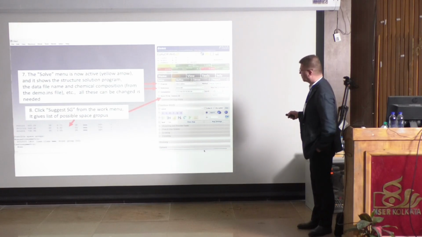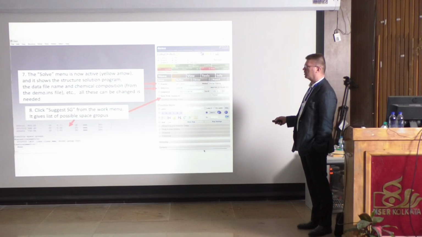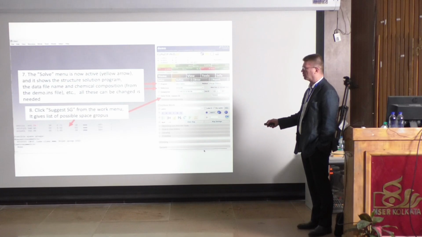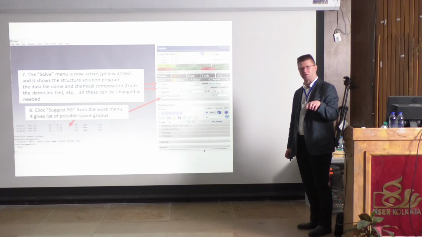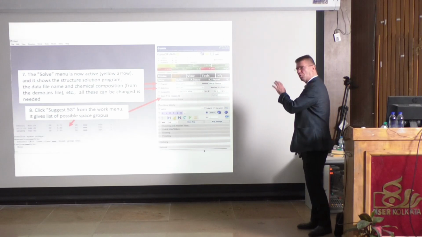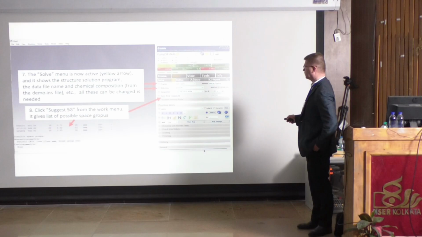There is a very nice button here, suggest space group. So we click this, and it gives a listing of possible space groups. And you can see here it says P212121, which was, by the way, the same as what the diffractometer program found. It was doing a very superficial check, but this reads the whole data. So we have to believe this.